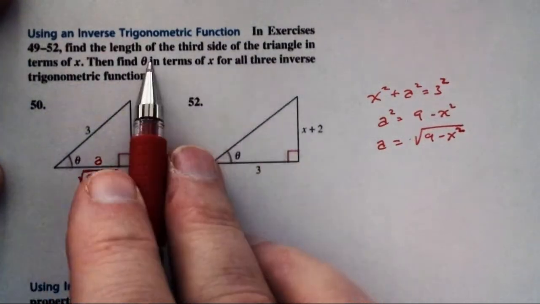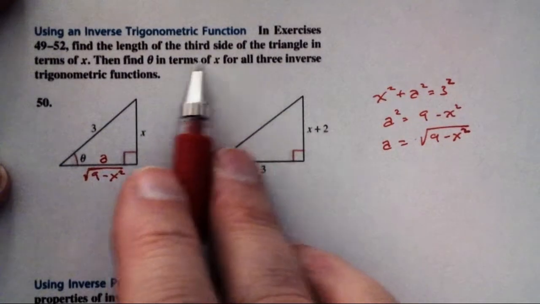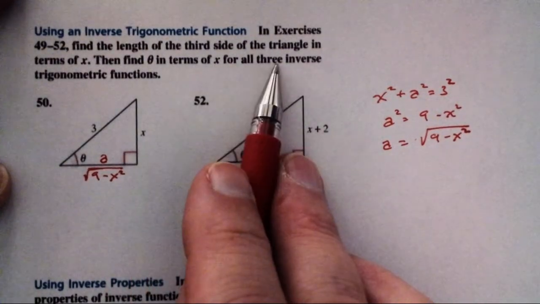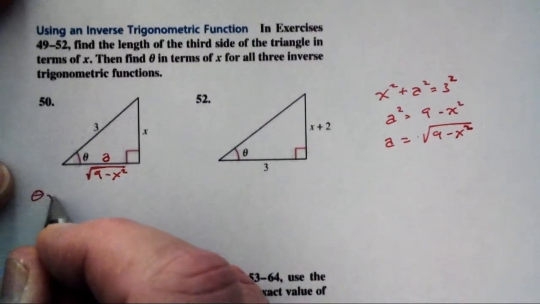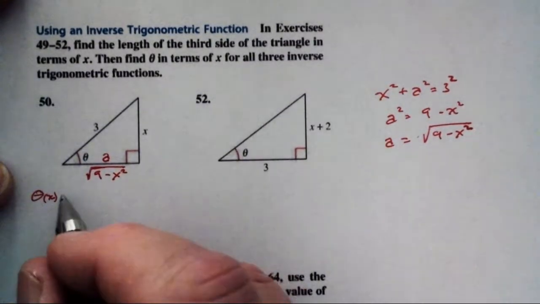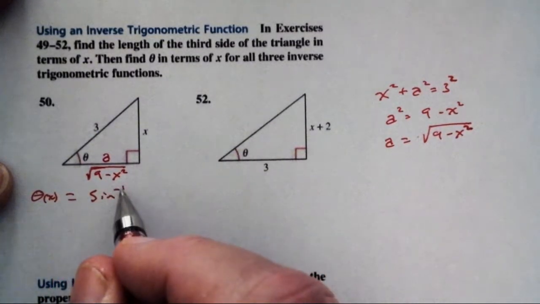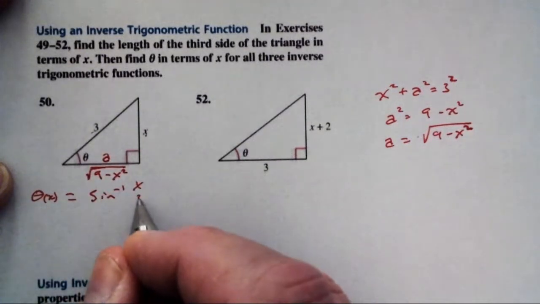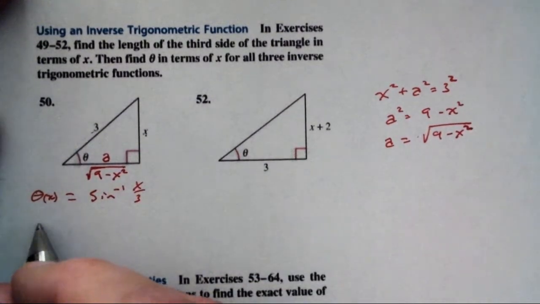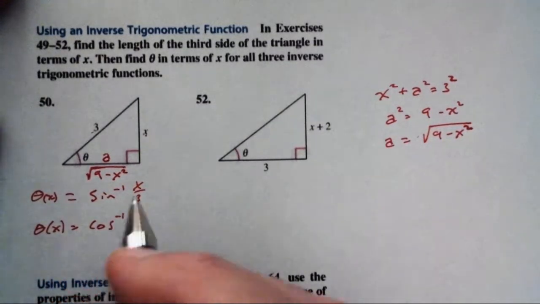Then it says, find theta in terms of x for all three inverse trigonometric functions. So theta in terms of x equals, well, let's see, it's sine inverse of, what's the sine ratio? Y on r. Theta in terms of x is cosine inverse.